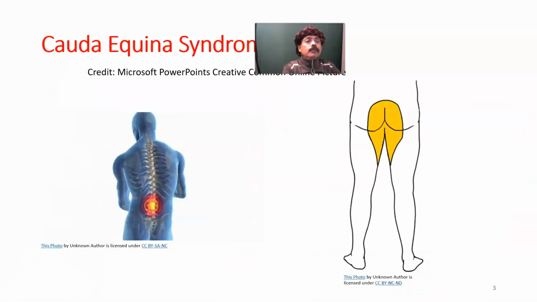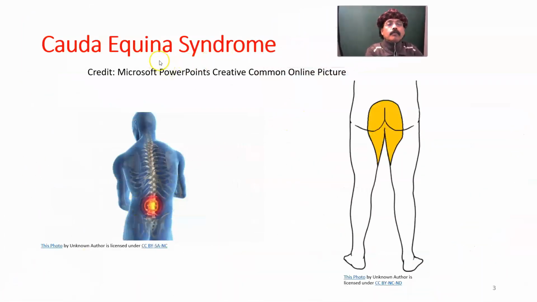If we look at that picture, Cauda equina syndrome causes both motor and sensory problems. Here we are seeing some sensory symptoms, like low back pain. This is saddle pain, the saddle pain area.